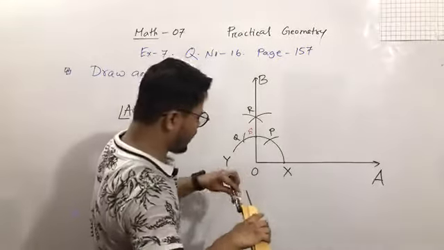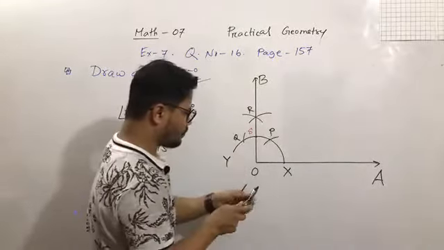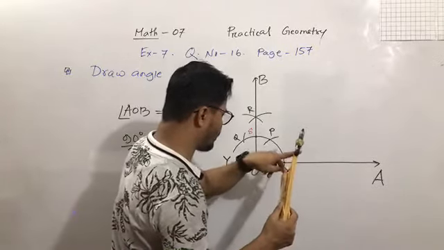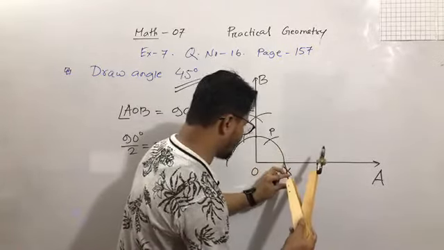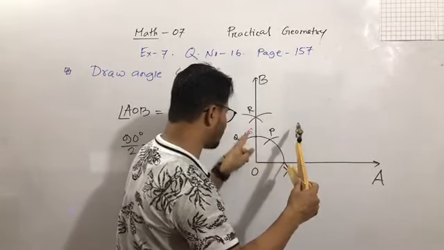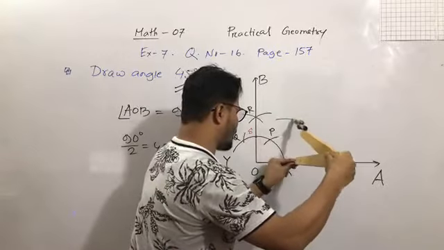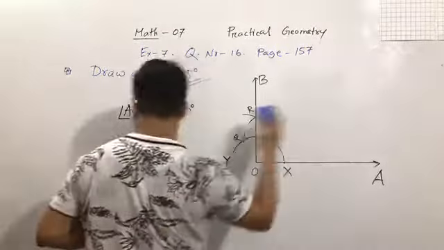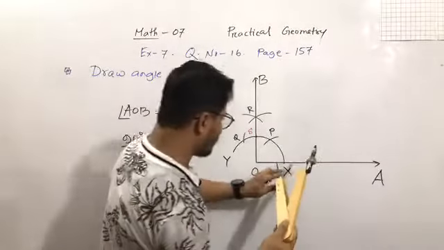Now placing the pointer at X, taking the radius greater than half of XS, draw an arc here.